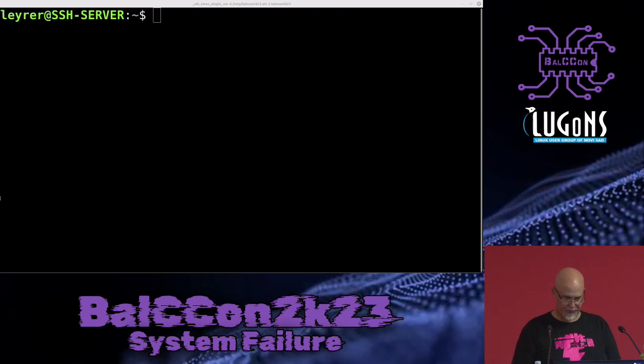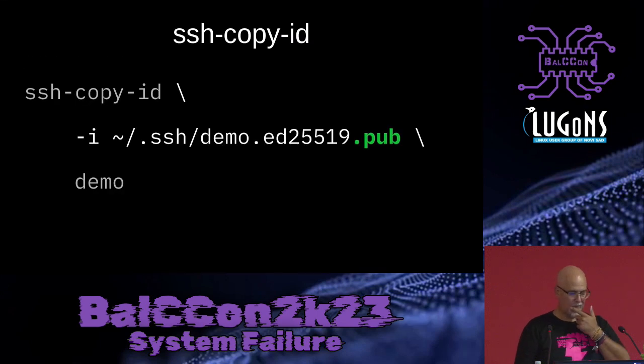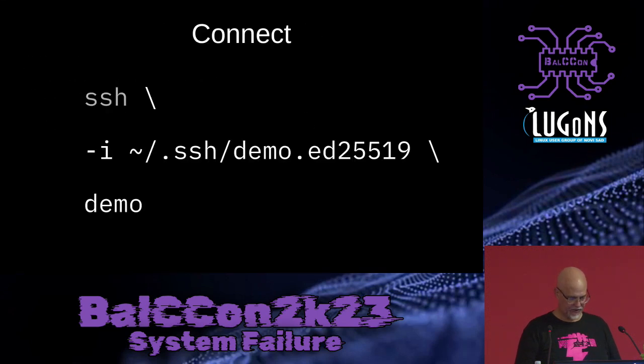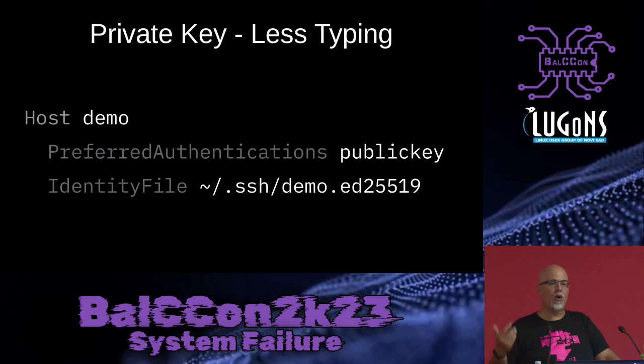But we can do better, because typing this in every time, we just brought it down to ssh demo. Could we do that again? Of course we can. Because as I said before, below the keyword Host, we can actually add more parameters.